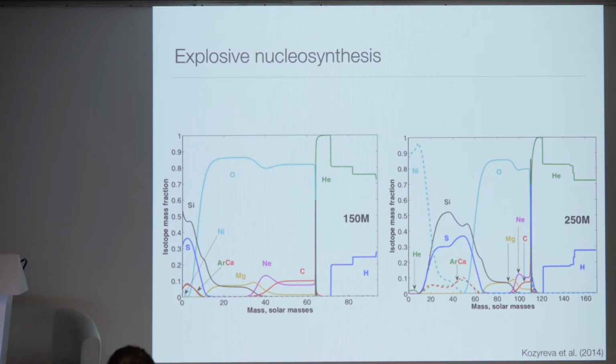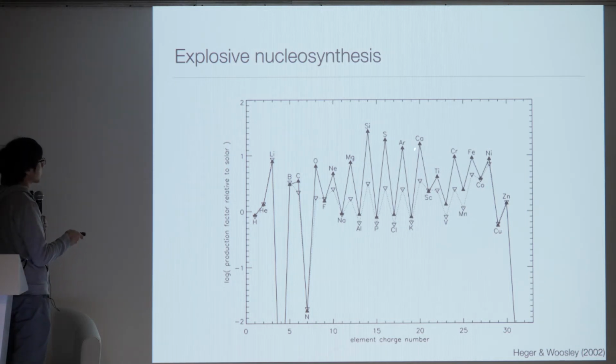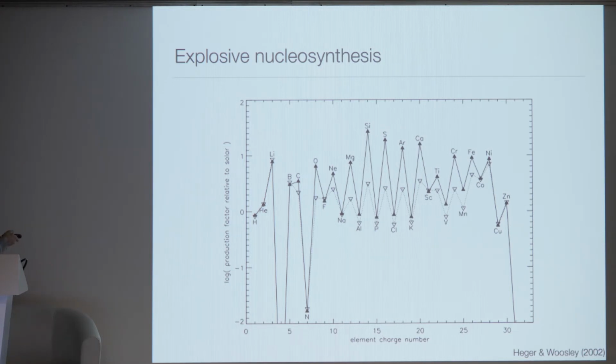Those can be understood based on Nozomu's lecture these days. This was already shown in the previous lecture. So what happens? A particular prediction is that there is a strong odd-even effect, as was explained by Nozomu. This solid line is what is predicted from pair instability supernova nucleosynthesis.